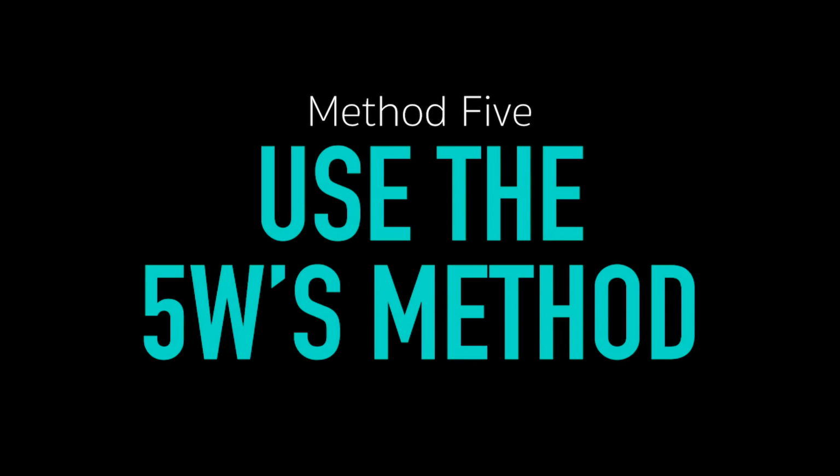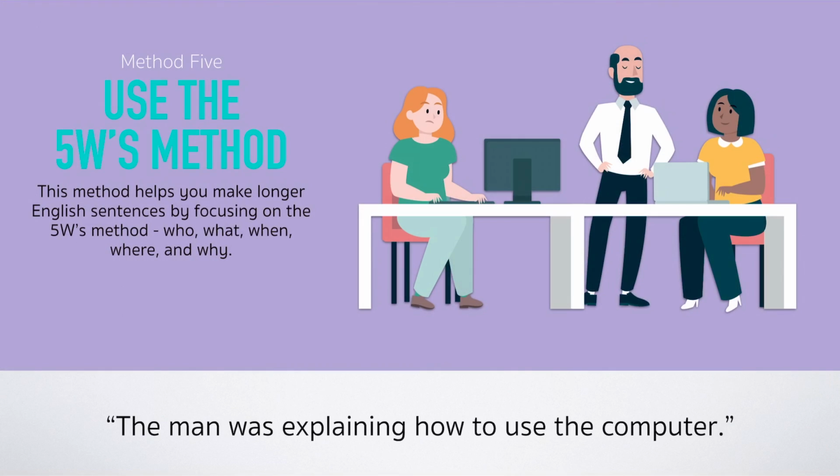Okay, method 5. Use the 5 W's method. Now, if you've never heard of the 5 W's method, you can hit the link in the top right corner of your screen. But I'll explain it a little bit more here. This method helps you make longer English sentences by focusing on the 5 W's: who, what, when, where, and why.